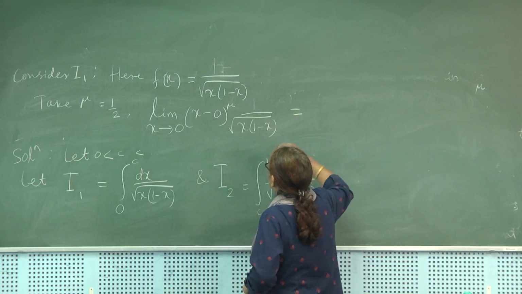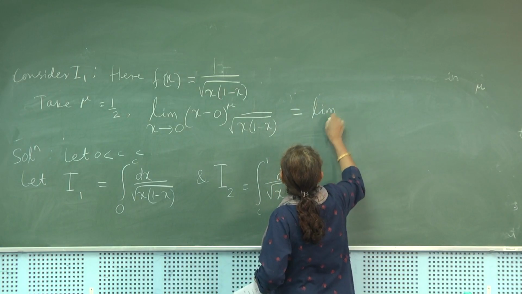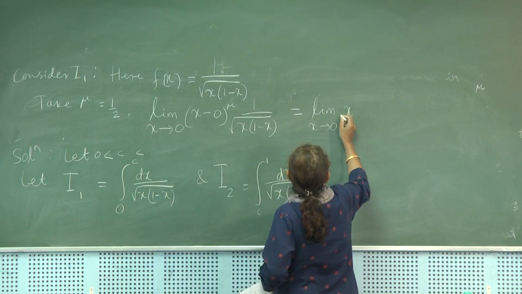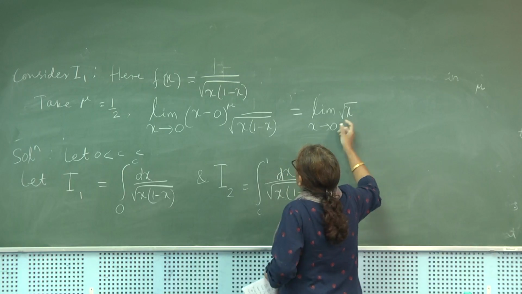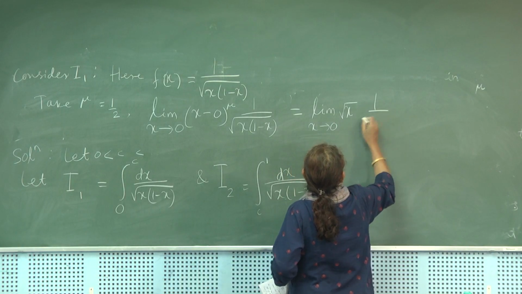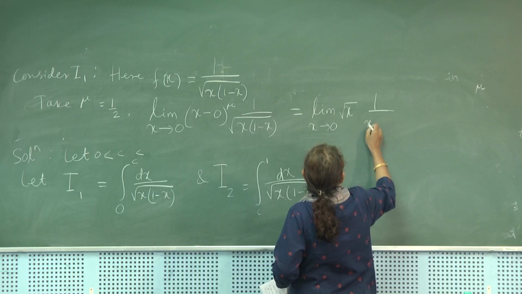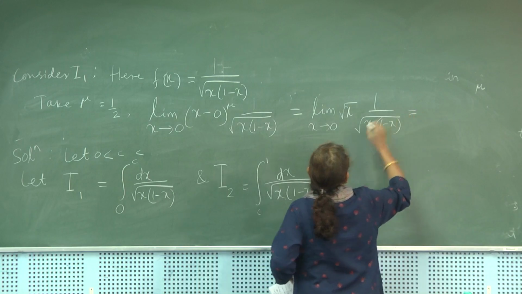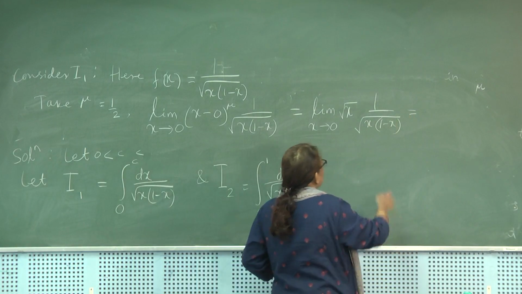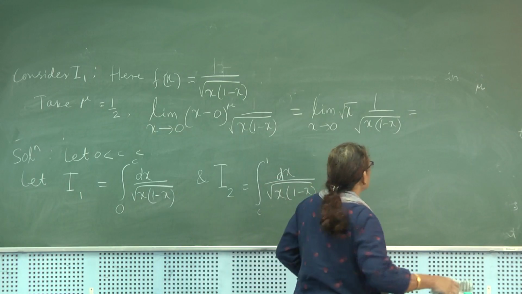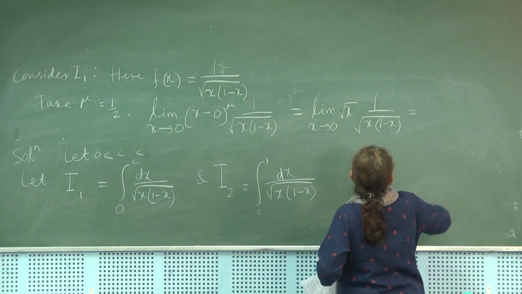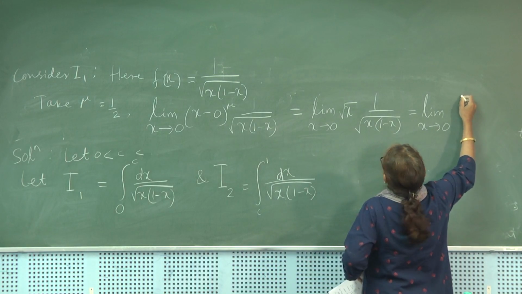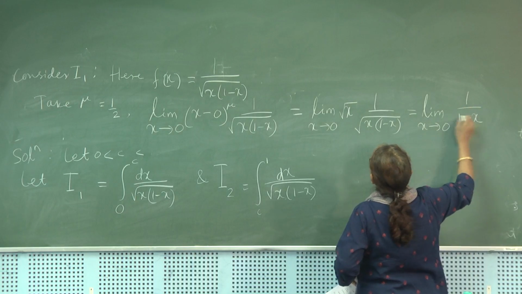So, this you can write down as limit x tends to 0 of square root of x, multiplied by the integrand, 1 upon square root of x into 1 minus x. After cancellation of the square root of x, we get limit x tends to 0 of 1 by square root of 1 minus x.